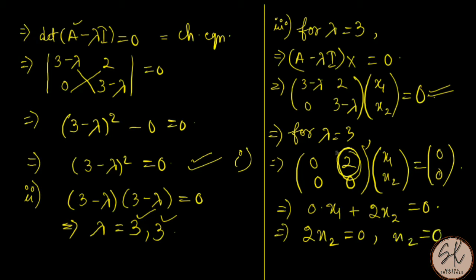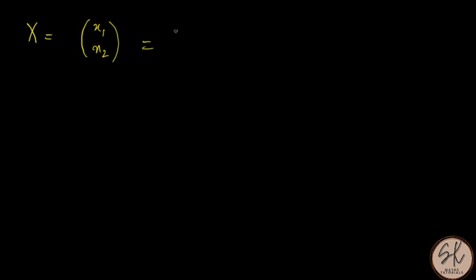We got x2 to be 0, but x1 is free. So we can take any value; let us take k for x1. Let me represent the eigenvector as capital X, which equals x1, x2. Here we have taken x1 as k and x2 as 0.